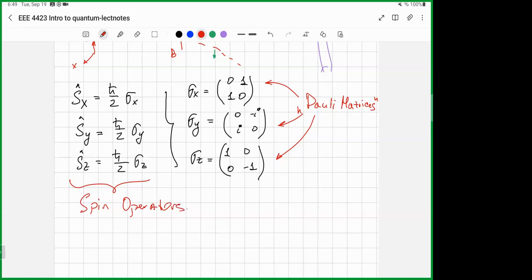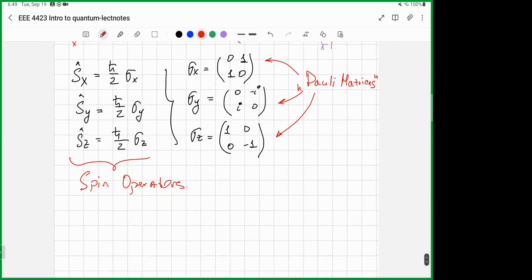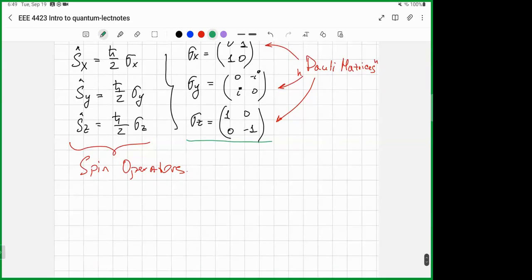Spin operators. These spin operators have eigenvalues h bar over 2 and minus h bar over 2. It's very easy to see that from the sigma z matrix, because it's already diagonal: 1, 0, 0, minus 1.